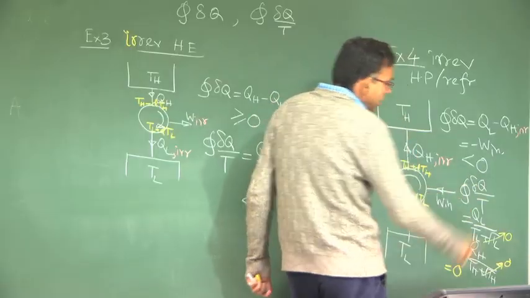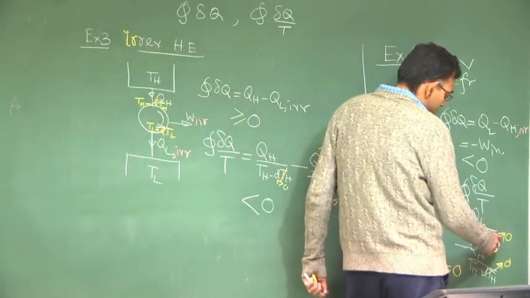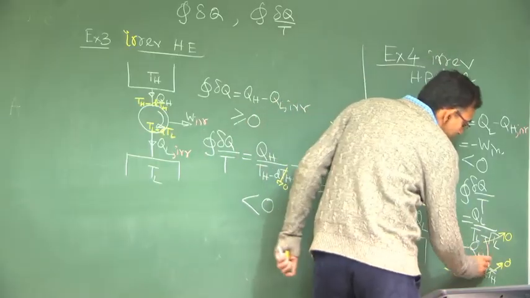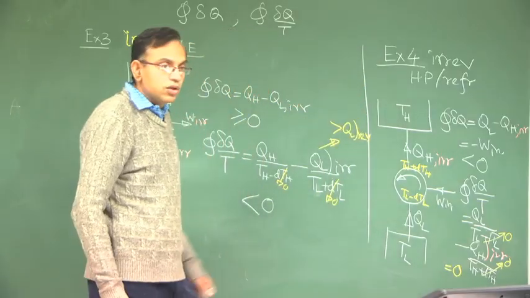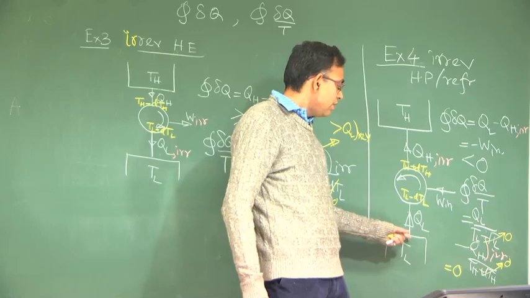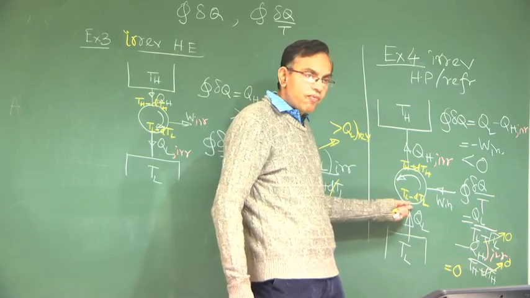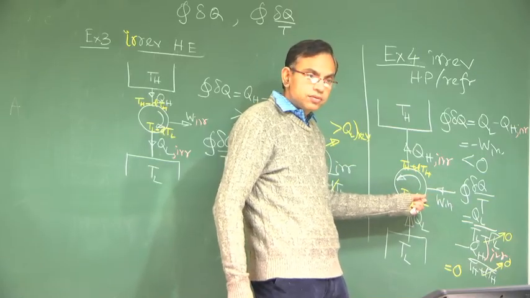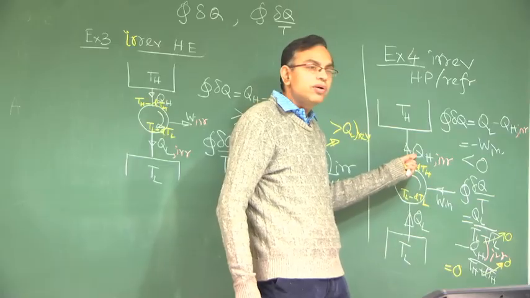Then cyclic integral of del q over T. So, this is QL by TL minus QH by TH, but QH is QH irreversible. So, for an irreversible refrigerator or heat pump, for the same QL you will require more work input. So, if you require more work input, QH will be more.